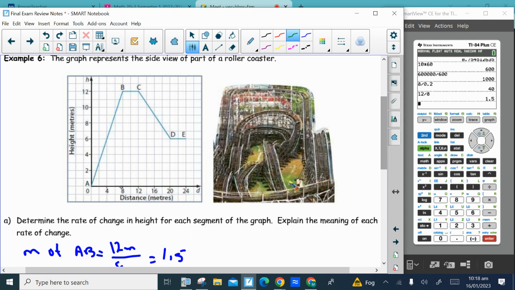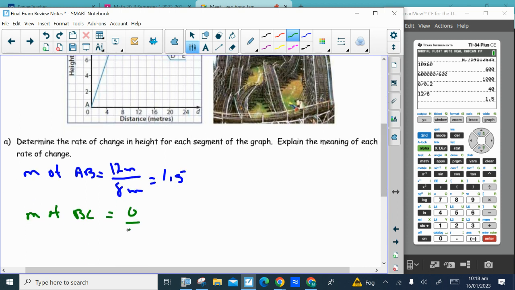It does run between 8 and 12 meters, so that's a distance of 4 meters. But the fact that the top is 0 means that the slope is 0. And so this means that the graph is not rising or running, but the height is staying the same. So we'll say the height stays the same here.